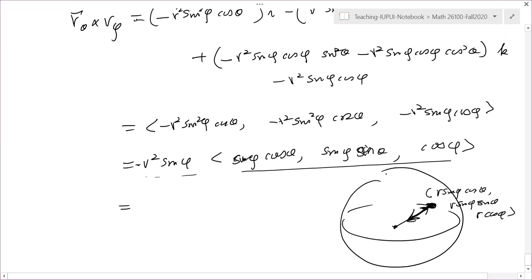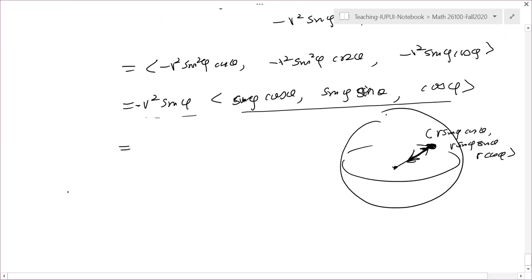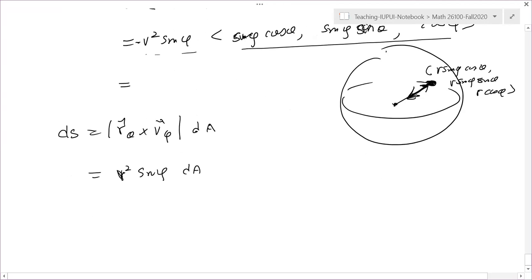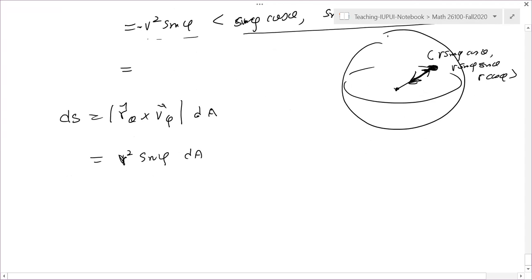So anyway, the length: ds, dA, it's going to be, this is a unit vector, so just r squared sine phi dA. So this is the area element.